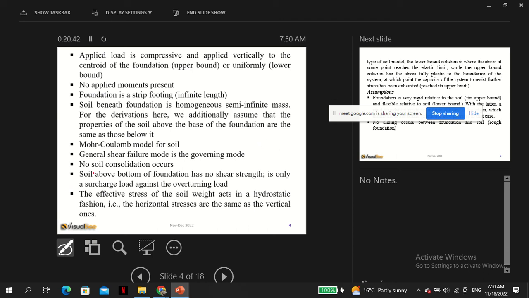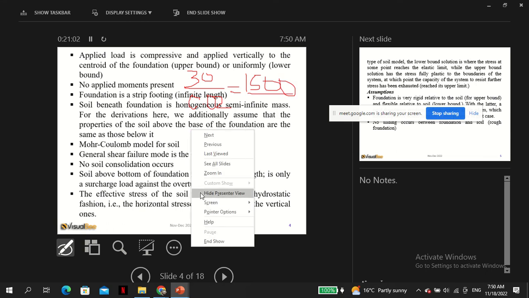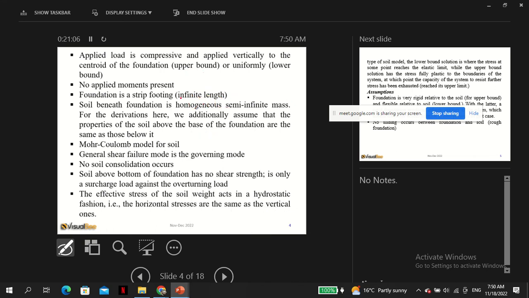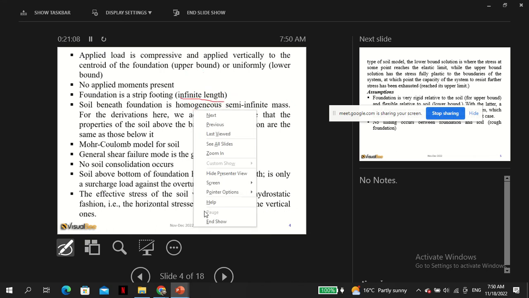So if the length is spanning over 30 meters, and the width is 0.2 meters, you can see that's about 150. So then you can say this is the idea, in fact, that the ratio of the length to the width is infinite for strip footing.